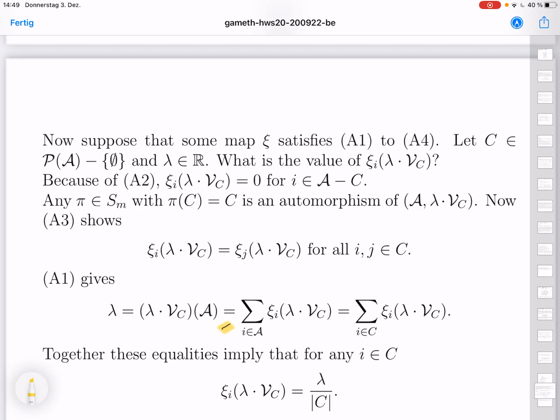Here we have the sum over all i in A, but those which are not in C vanish, so we can stick to those in C. And these have all the same value because of the last statement. So the sum of their values is lambda, so a single value is lambda divided by the number of elements of C. That determines the values of this vector on the special collision valuation lambda times Vc.